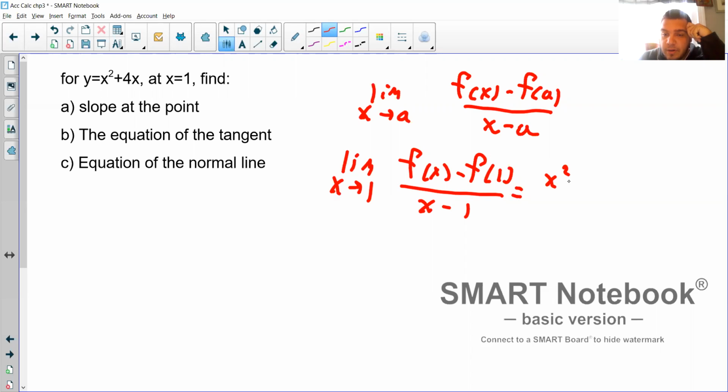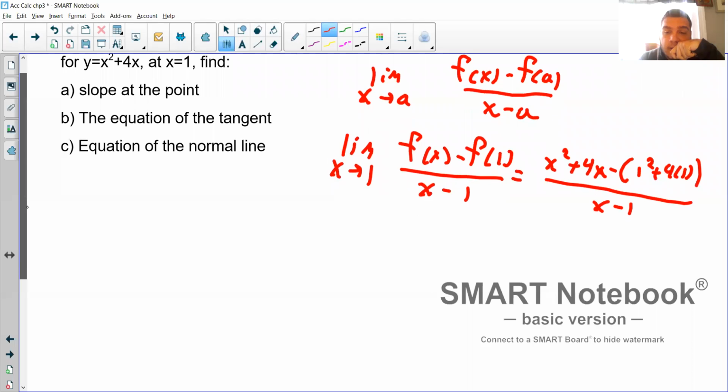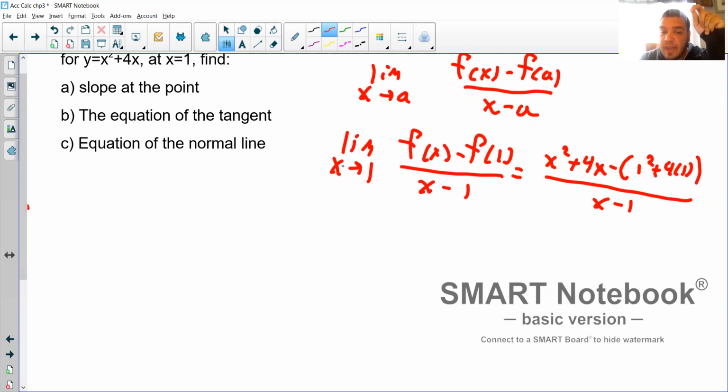So I got x squared plus 4x minus, I'll put this in parentheses, 1 squared plus 4 times 1, all over x minus 1. At this exact moment, if I replace the x with 1, I would get undefined on the bottom. So I can't do that yet.